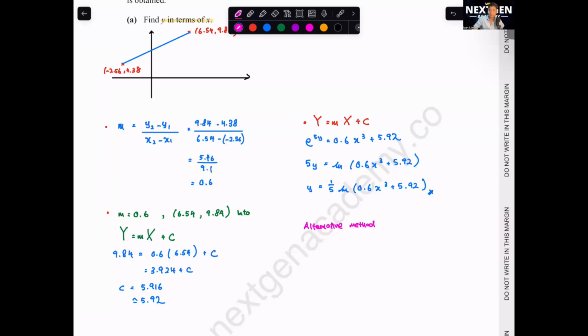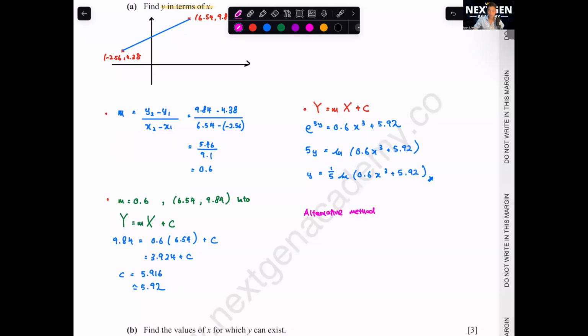Alternative method, you do it like this: y equals mx plus c, so you have two equations, which is 4.38 equals minus 2.56 m plus c, then 9.84 equals 6.54 m plus c. You substitute into y equals mx plus c, then do simultaneous equations.